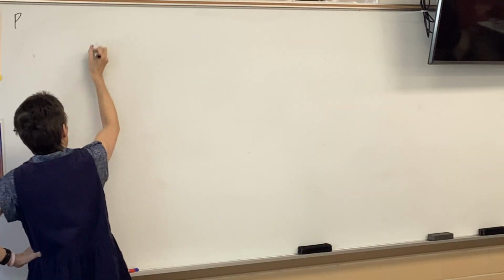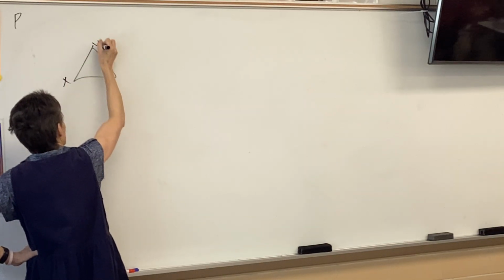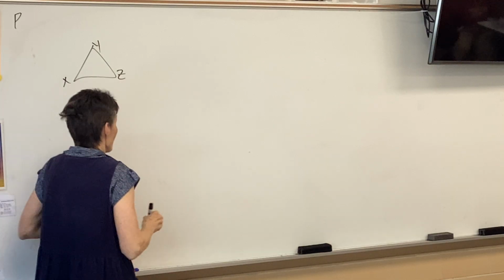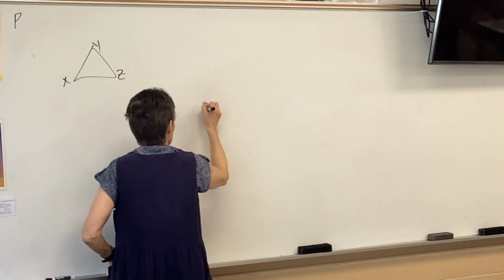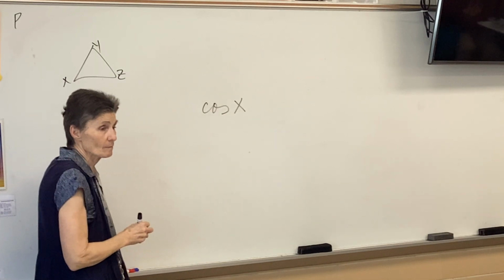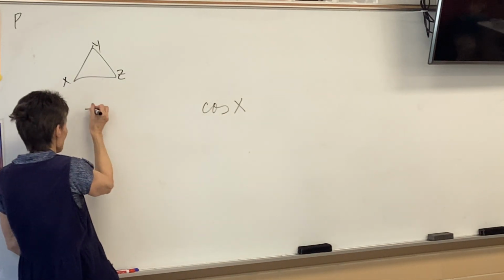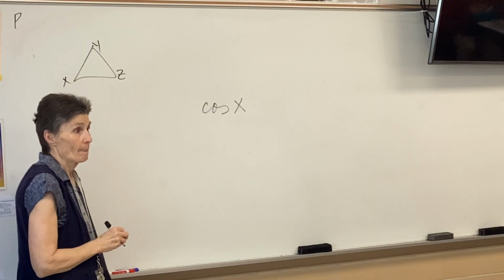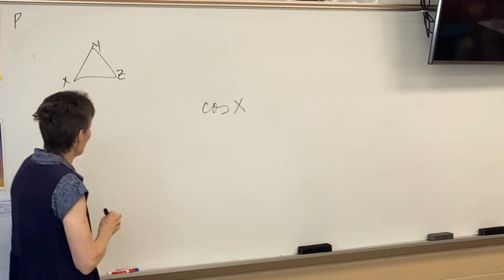So, we're going to have triangle XYZ. Whatever angle we are using, I'll use X. Means on the other end, I'm going to have x squared.